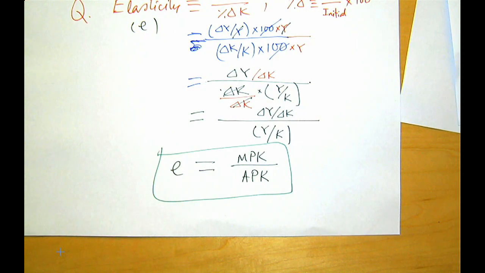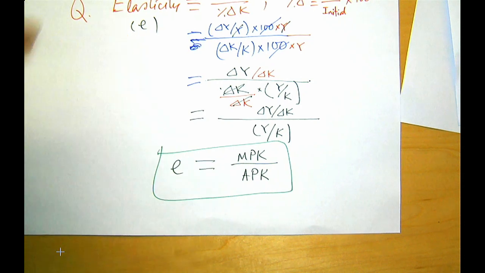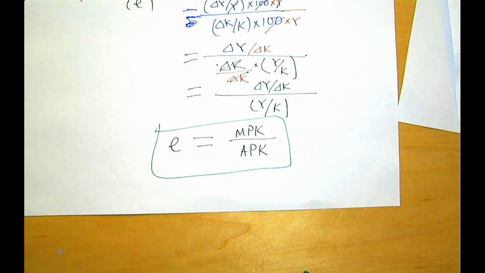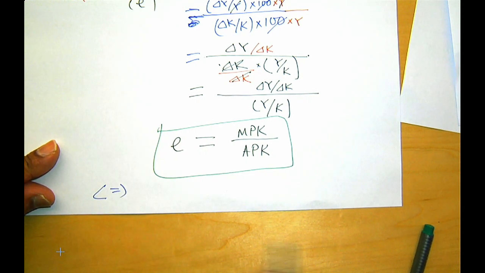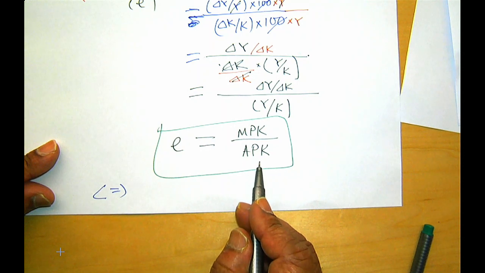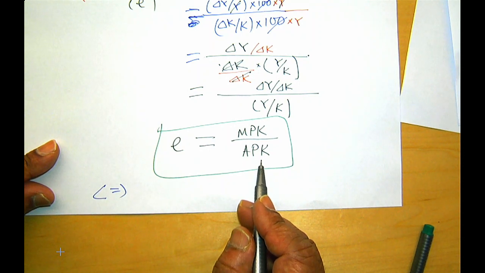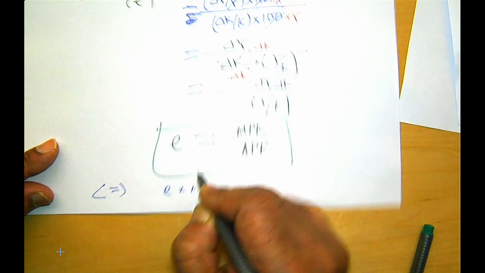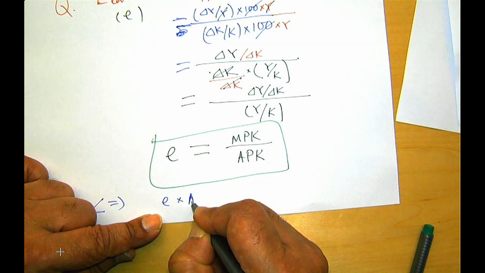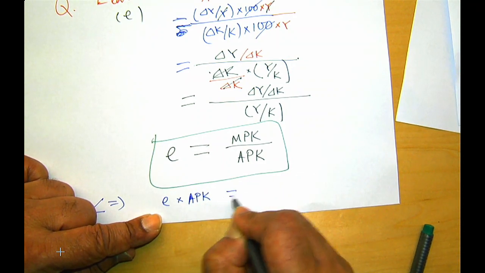Okay? You could have used another expression of this elasticity. If you multiply both sides by average product, then what you get is E times average product equal to MPK.